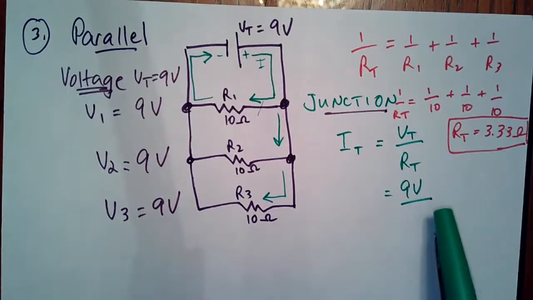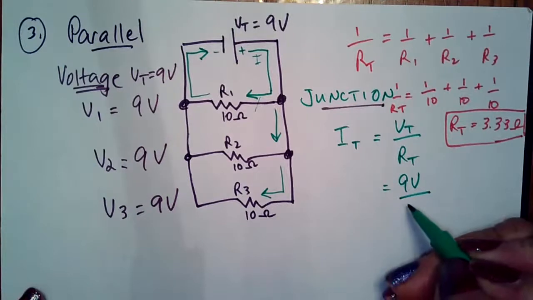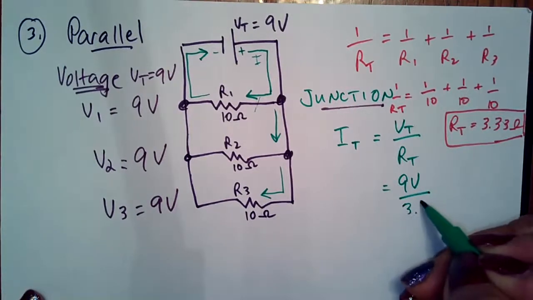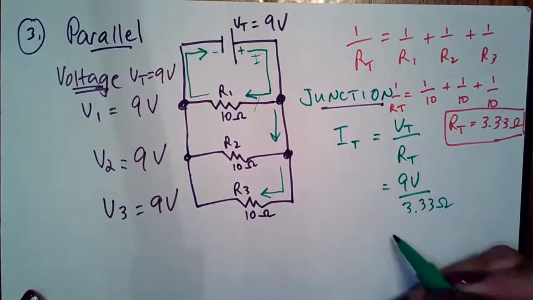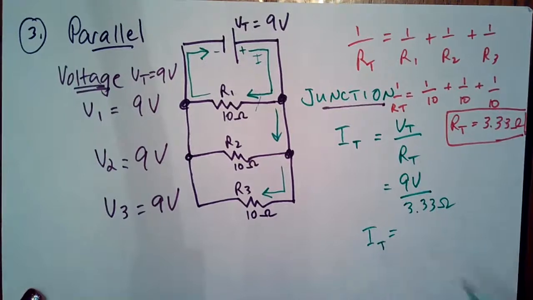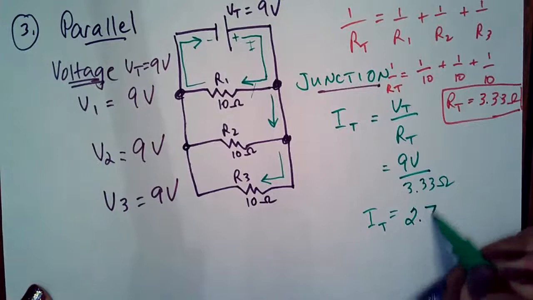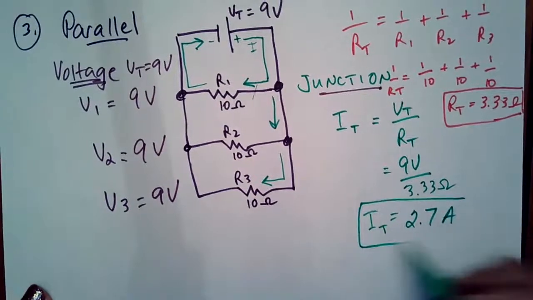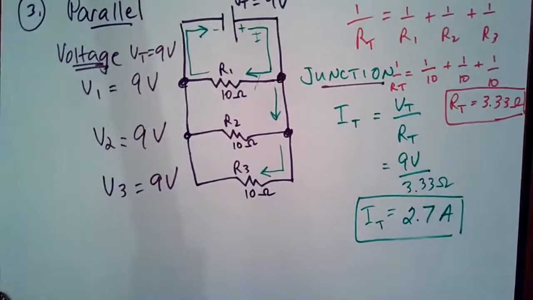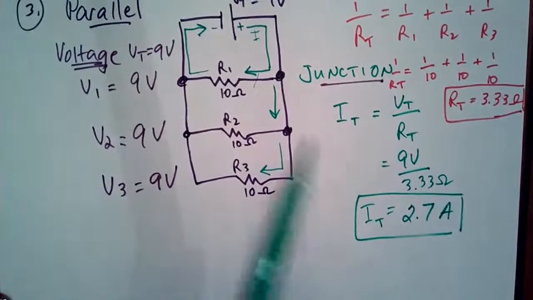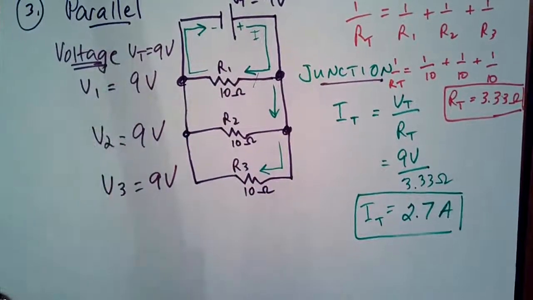Okay, so now that we've calculated the RT, total resistance, which is 3.33 ohms, the total current in this example is 2.7 amps. So that is the total current that is going through the entire circuit.